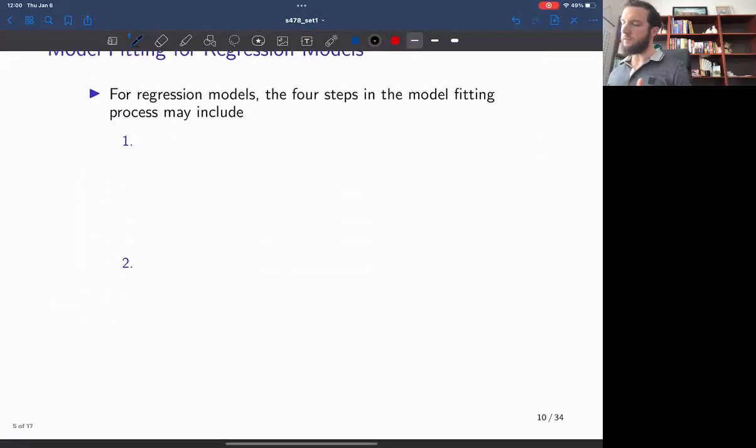Okay, so we'll look at these steps in a little more detail now. Step one is the specification of the model. This basically just means propose.